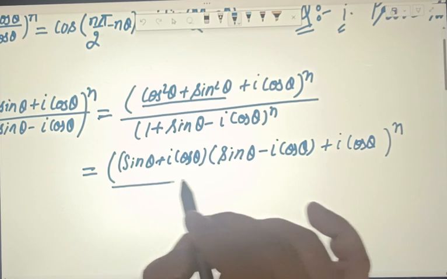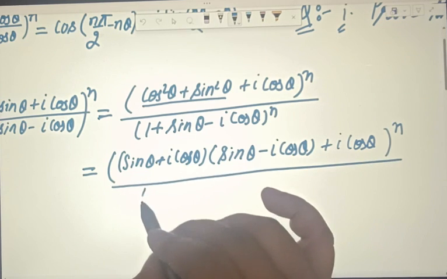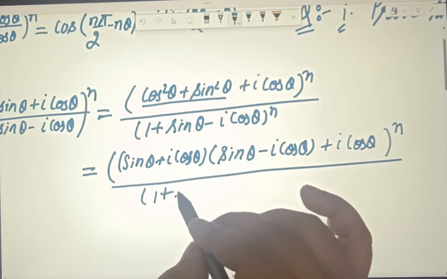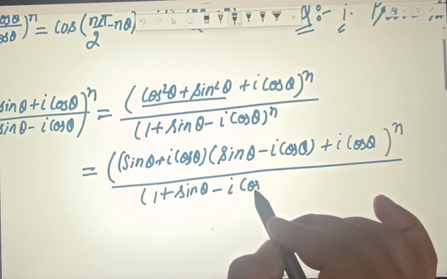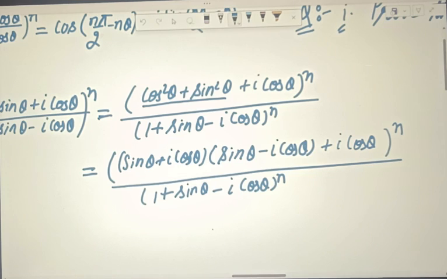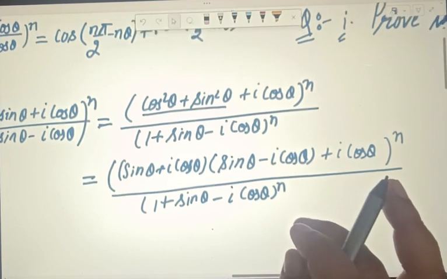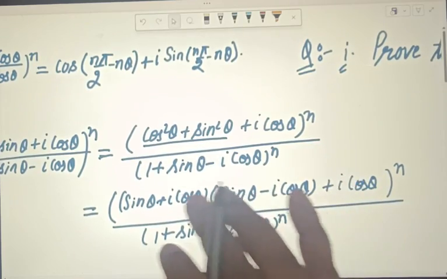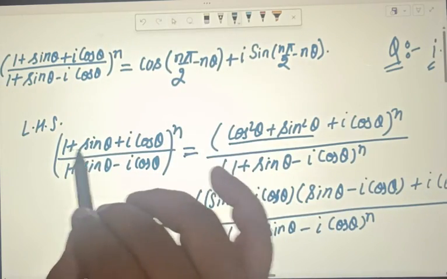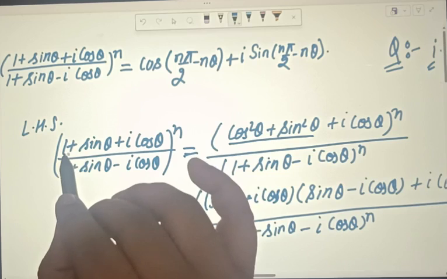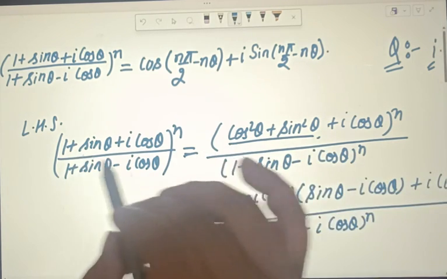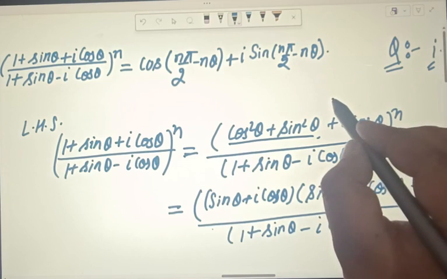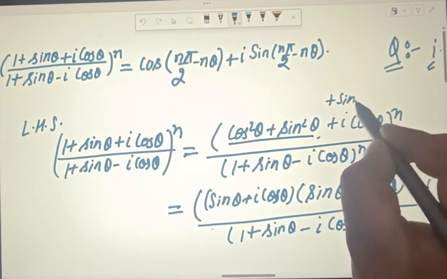Now in the denominator we write 1 plus sine theta minus iota cos theta to the whole power n. Something is missing here: sine theta. In place of 1 I have written cos square theta plus sine square theta, so I am writing plus sine theta, going inside the bracket.